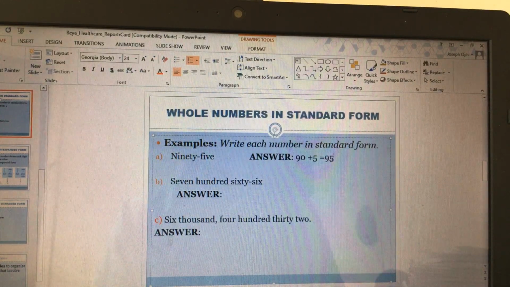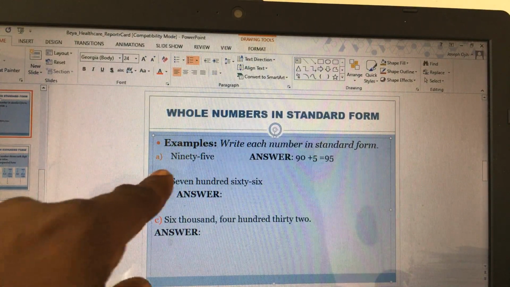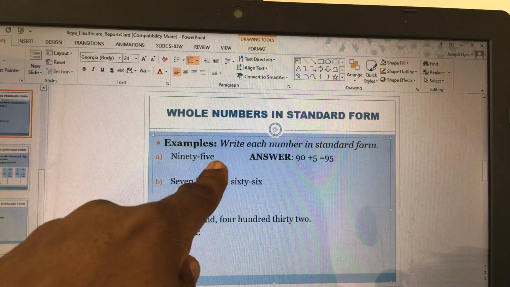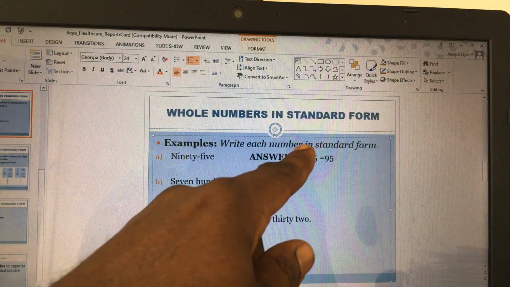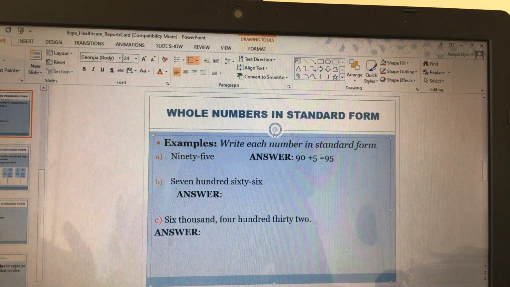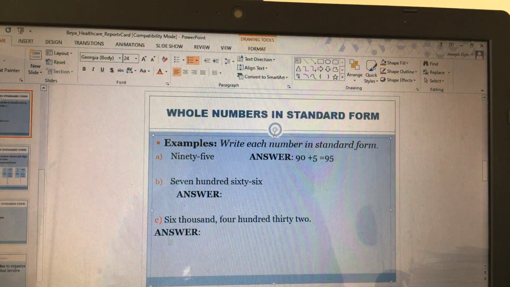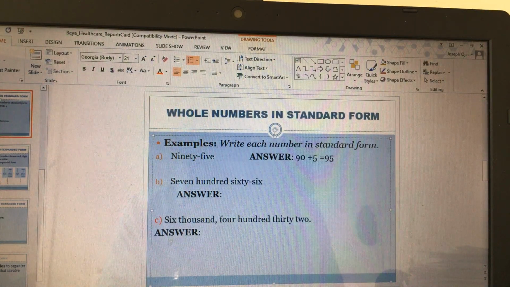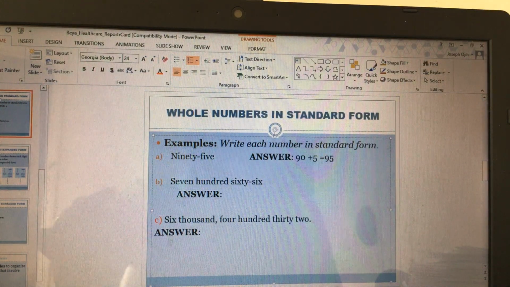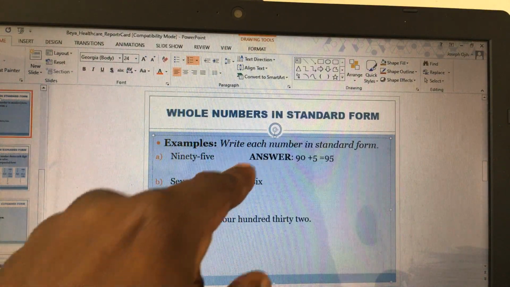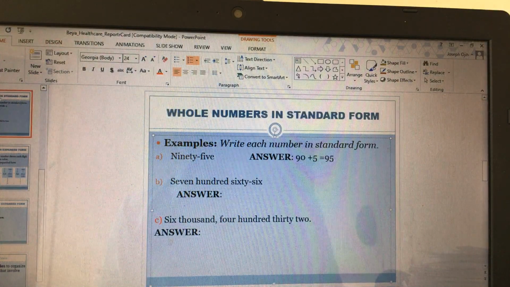See? Because 95 is made up of 90 and 5, that will give us 95. And that's why I write it in that form, especially if you are solving a problem and your teacher wants you to show your work for this particular question. This is how you do it. Okay?